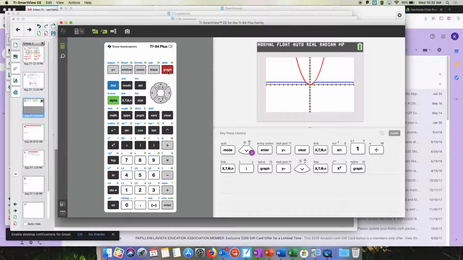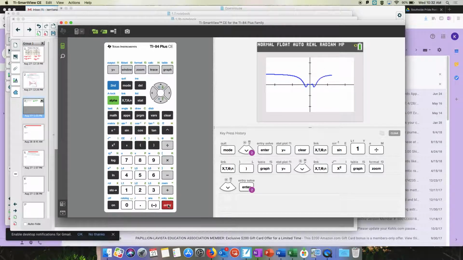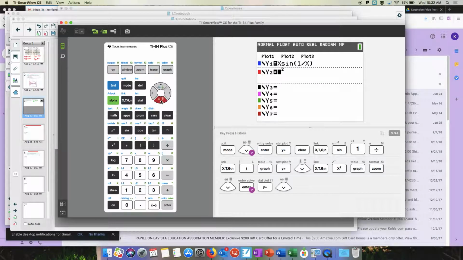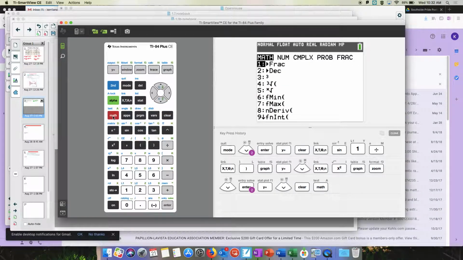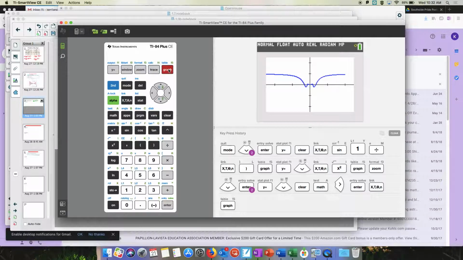Do x. Absolute value. Oh, so that's not really working, right? Let's try absolute value. Who said absolute value? Nice work.